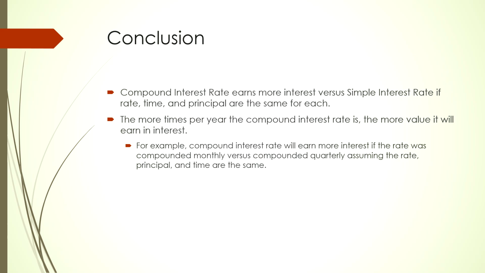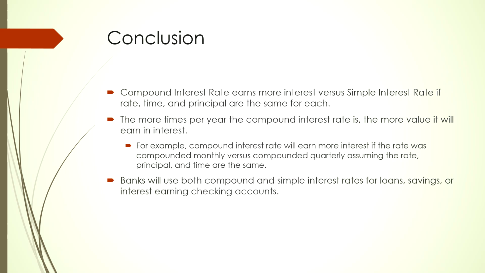For example, let's say compound interest rate will earn more interest if the rate was compounded monthly versus if the rate was compounded quarterly, assuming the rate, principal, and time are the same. And banks will use both compound and simple interest rates for loans, savings, or interest-earning checking accounts.